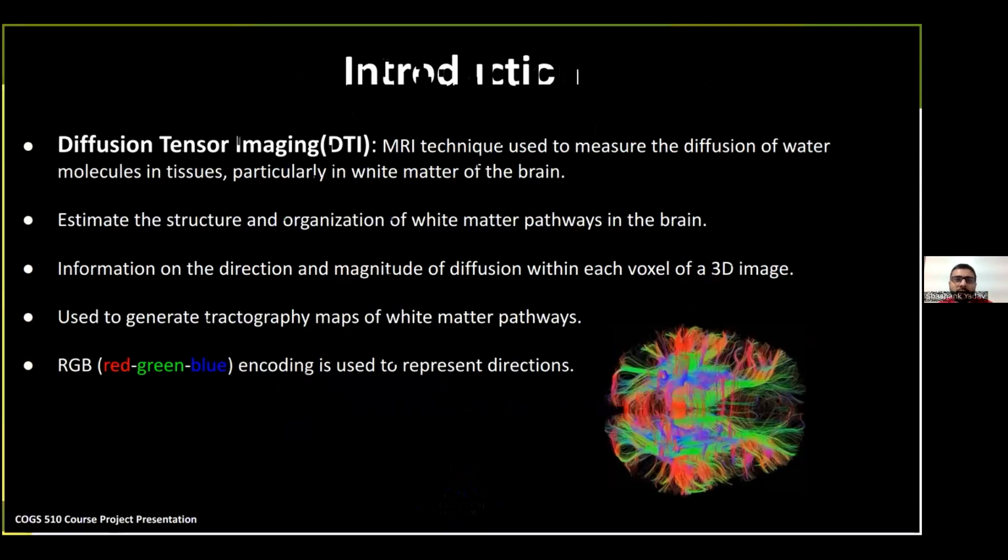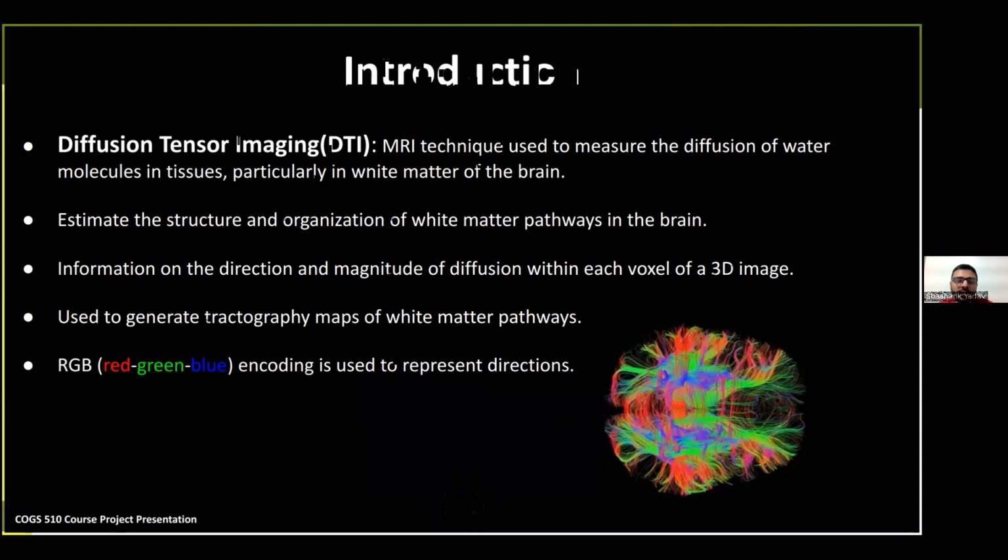So here's some introduction. What's DTI? DTI is an imaging technique which tells the structural connectivity of our brain. It can tell how the white matter is connecting regions of the brain and how the communication is happening in terms of structure, and the modality it measures is the direction and magnitude of water molecule diffusion.